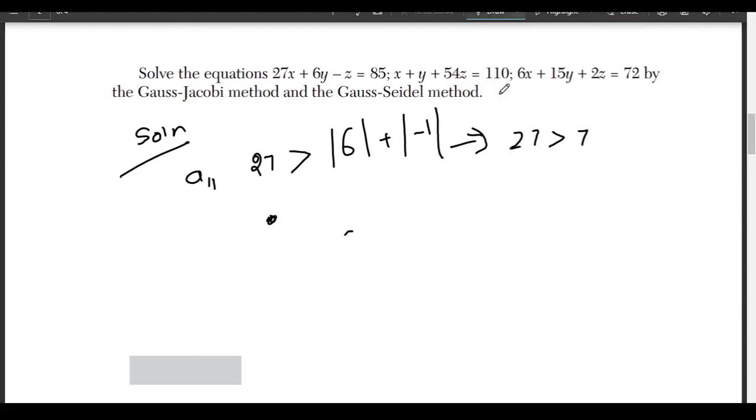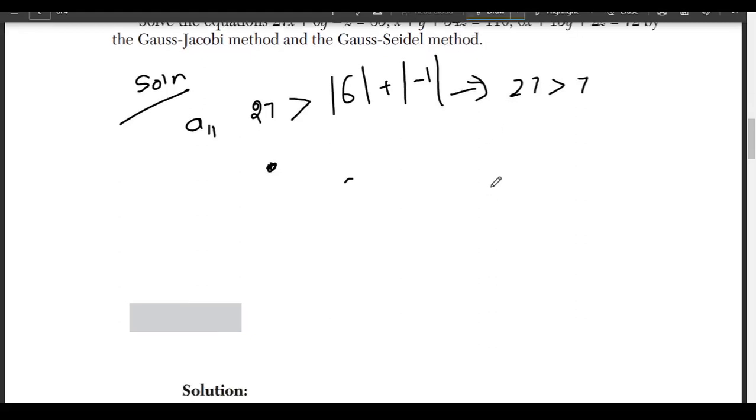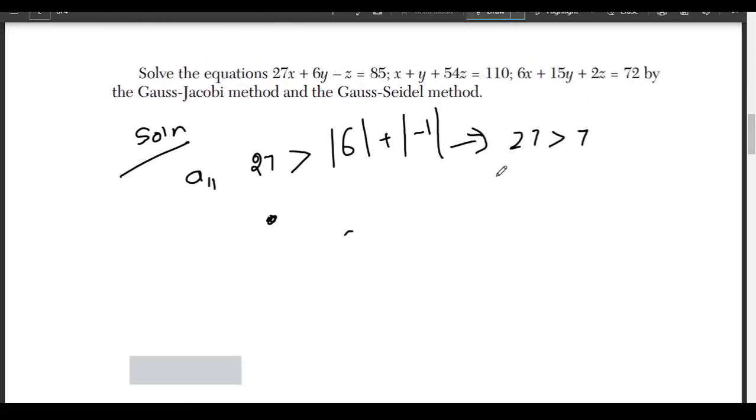Let me interchange the equations. The first is 27x plus 6y minus z equal to 85.